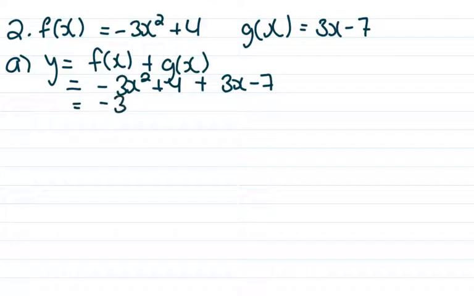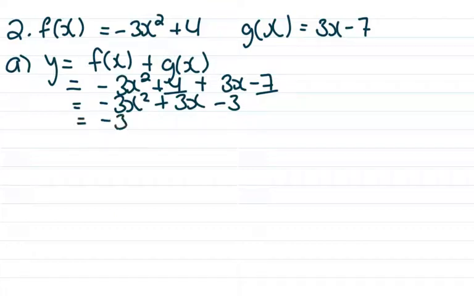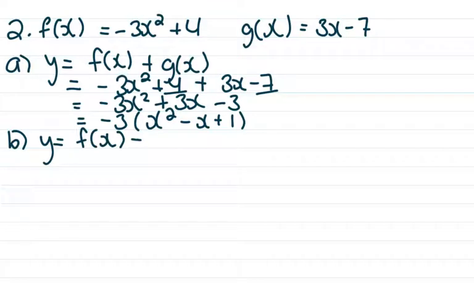So negative 3x squared plus 3x, I can't combine those because they're not like terms, and then 4 minus 7 is negative 3. So I could leave it like this, or I could take out a negative 3 from each term. That would leave me with x squared minus x plus 1. And those are both correct. Letter B, y equals f of x minus g of x.